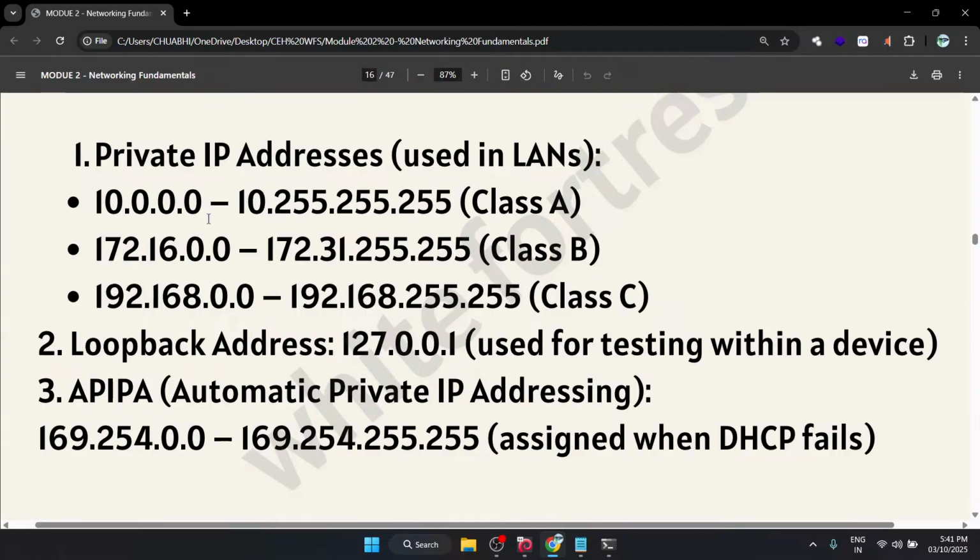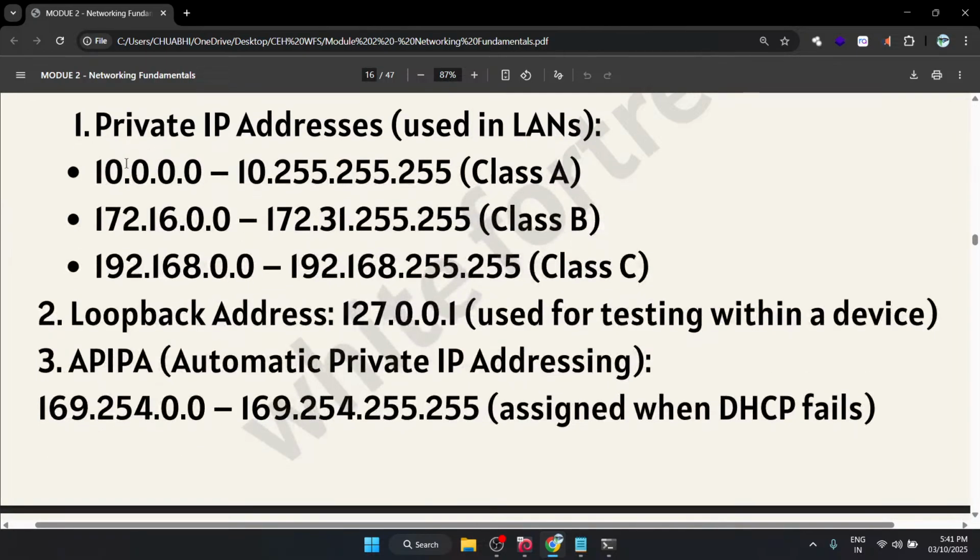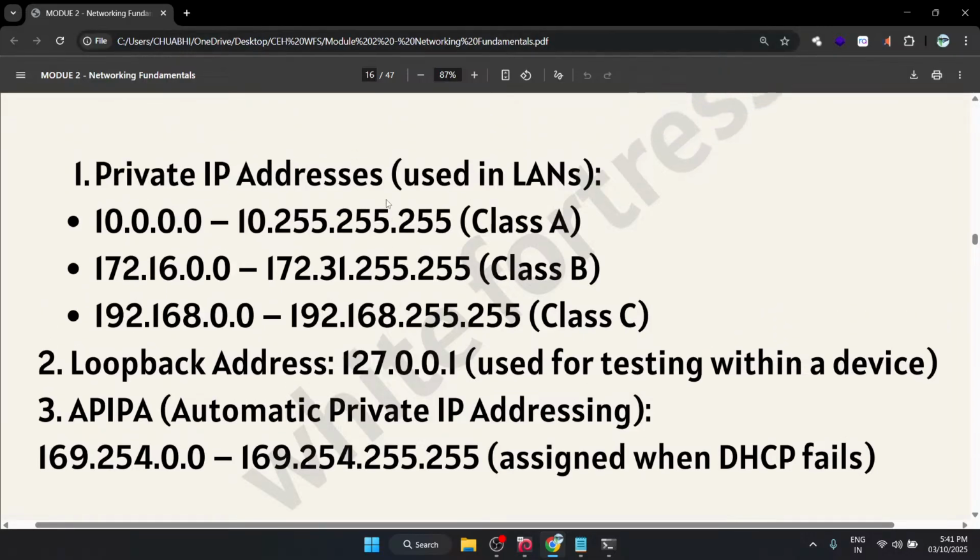Why are these called private IPs? Because these are used in private networks rather than on the internet. So, your internet service provider will not be using these IPs to connect with the internet. They are just used for connecting on the local area network. Here also you can see it's used in LANs, local area networks.